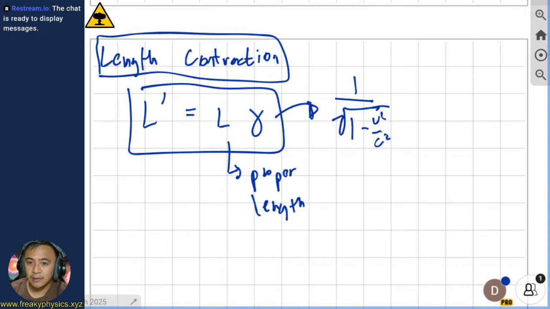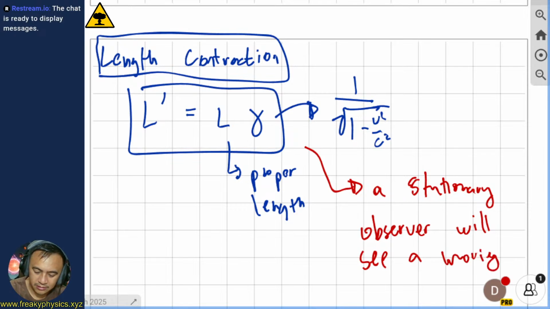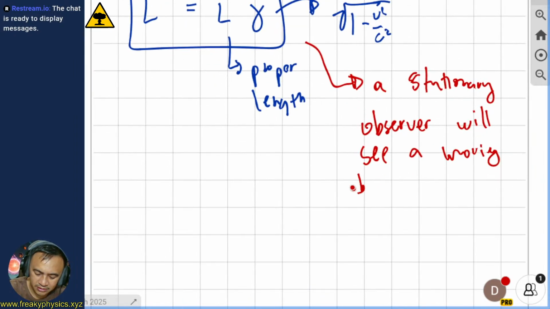All right. So what does this mean again? Basically, if we go into the actual meaning of this, we mentioned this yesterday: a stationary observer will see a moving object as shortened.